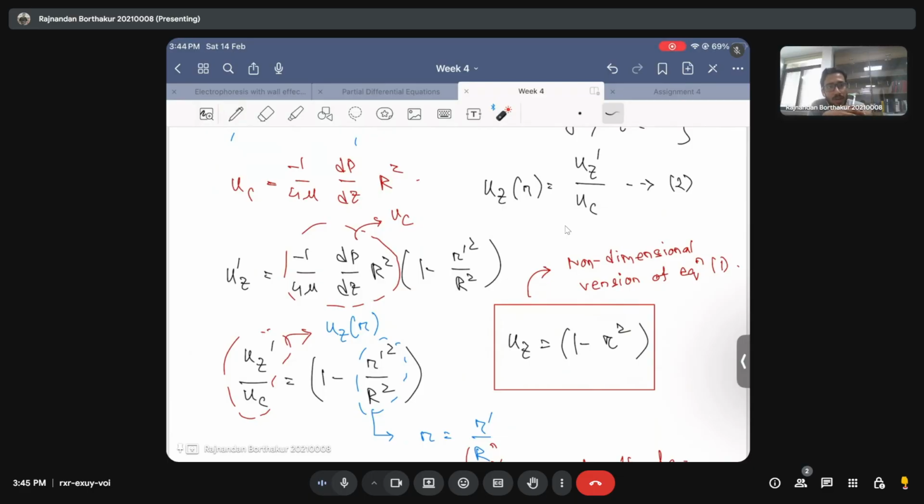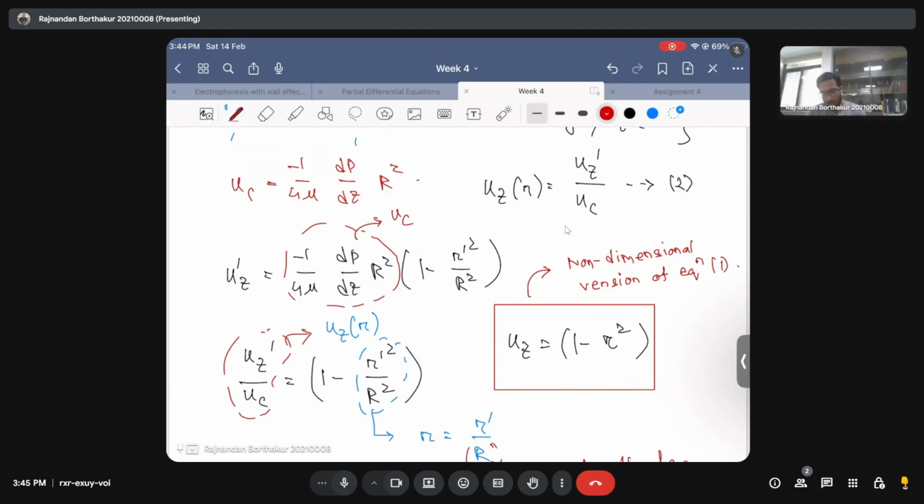So that is one advantage of using non-dimensional versions in our equation. Things will be more clear as we go ahead, and I hope I'll be able to justify that using non-dimensional variables actually helps in our analysis.